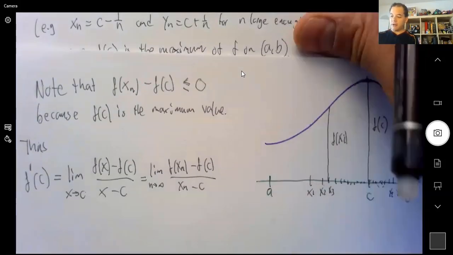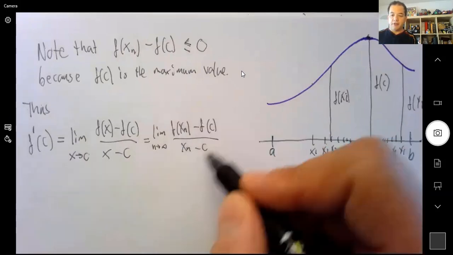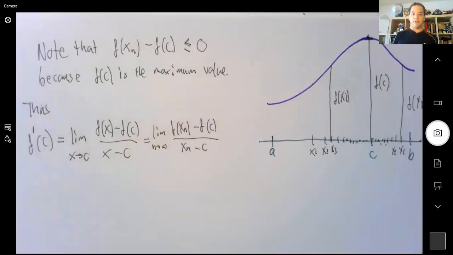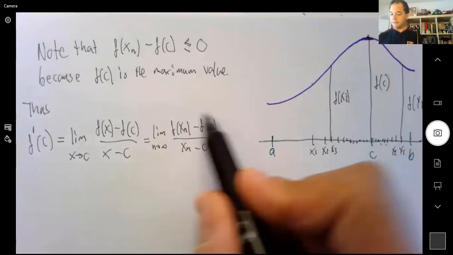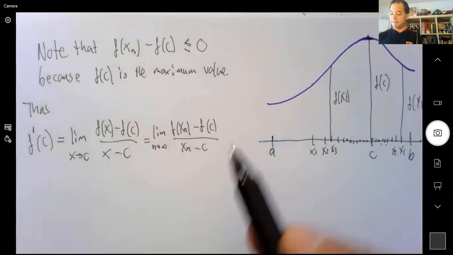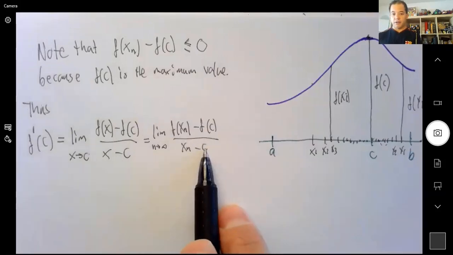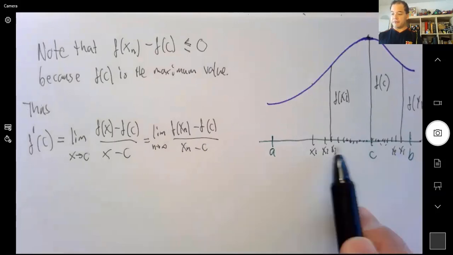Okay. So now what? Well, now take a look at the sign of this number, right? What do we know about the sign of that number? Well, the numerator is less than or equal to 0, right? And how about the denominator? Well, x is to the left of c, right?